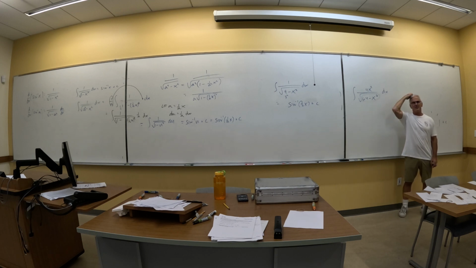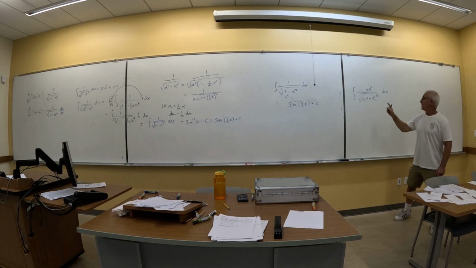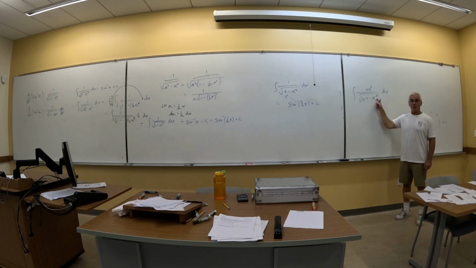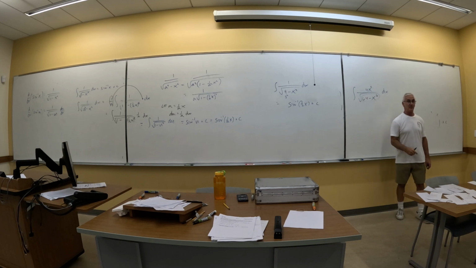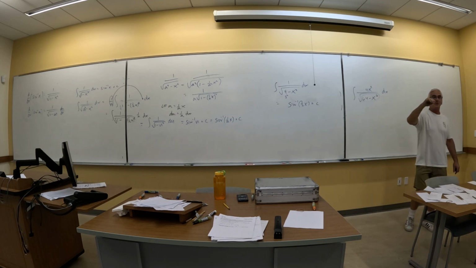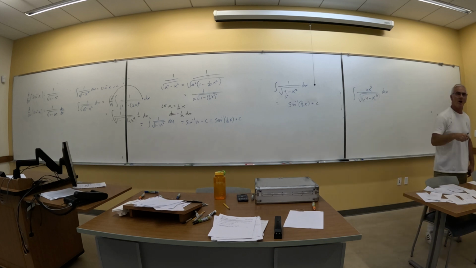I would need an x to the 5th on top. If I had an x to the 5th on top, then this would just be u to the negative 1/2 du. That's straight up, fast, easy. The degree difference is not 1, therefore this can't be my u. By the way, that's always your first choice because that's the more common one.